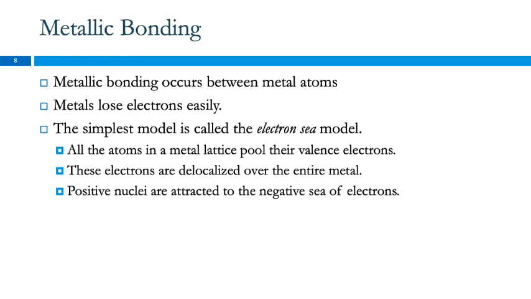But nobody around me wants these, so I'm just going to put them out there, and we're just going to let them run around. And the electrons are kind of all around, and the positive ions are attracted to this pool of electrons, and it kind of holds these things together. The electrons get delocalized over the entire metal.